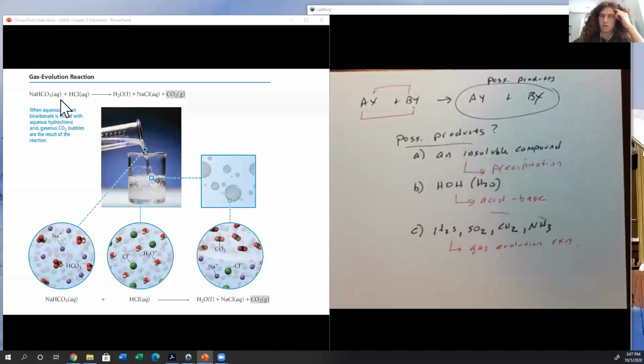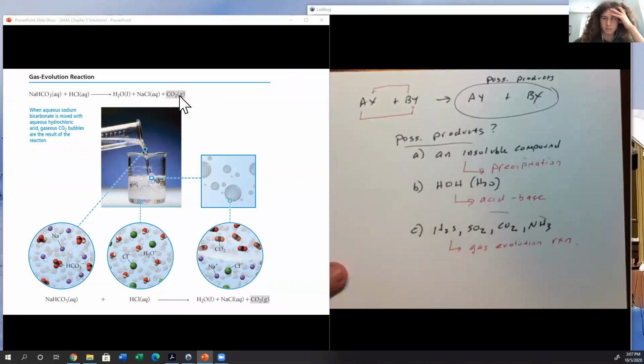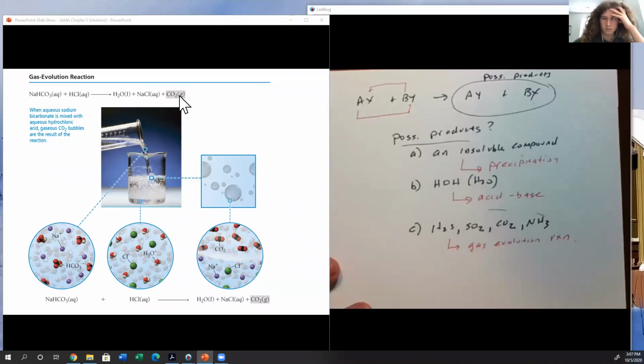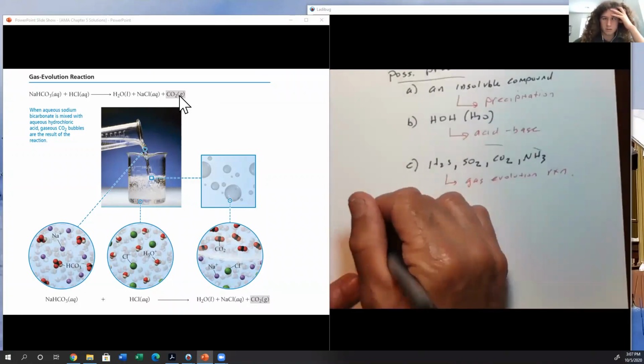So here's an example. You have sodium bicarbonate plus HCl, and that's going to form H2O plus NaCl plus CO2. CO2 is the gas. But notice what happens here.